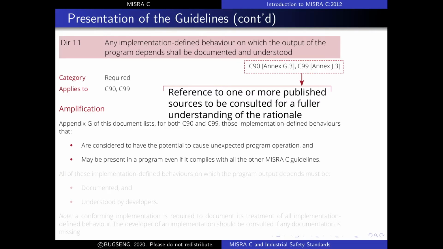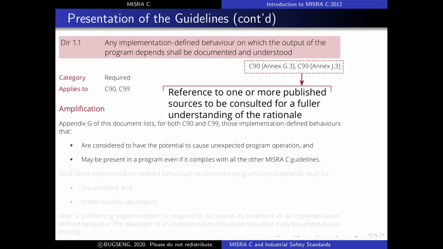For example, here we are examining Directive 1.1, which says any implementation defined behavior on which the output of the program depends shall be documented and understood. And the list of implementation defined behaviors in C90 is contained in Annex G subsection 3, whereas in C99 it is Annex J subsection 3. This gives me the occasion of emphasizing what I said. For a directive, the information about compliance is not completely contained in the code.